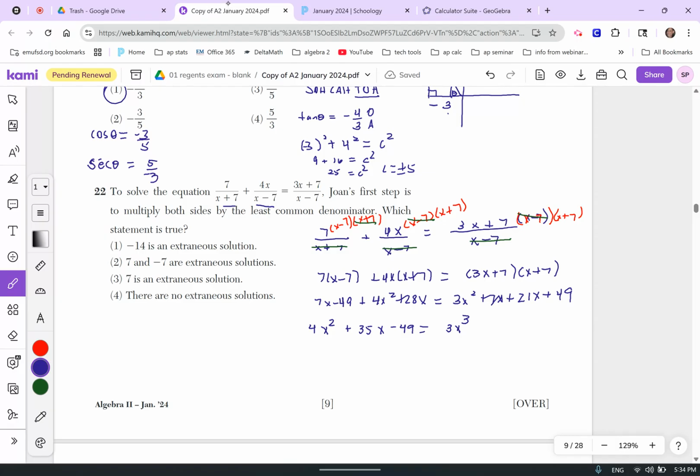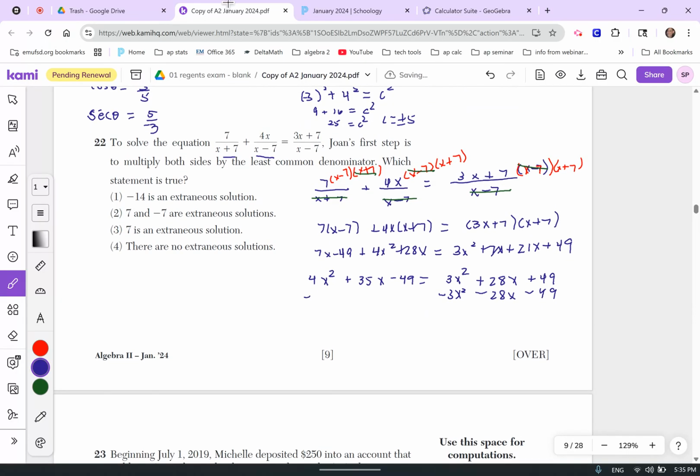I'm now going to subtract 3x squared, minus 28x, minus 49 from both sides. My internet is being a little wonky right now, so I'm having trouble writing, is what I'm trying to get at.